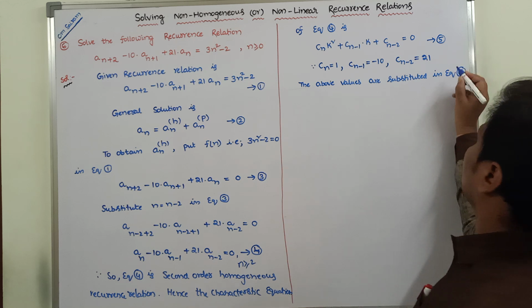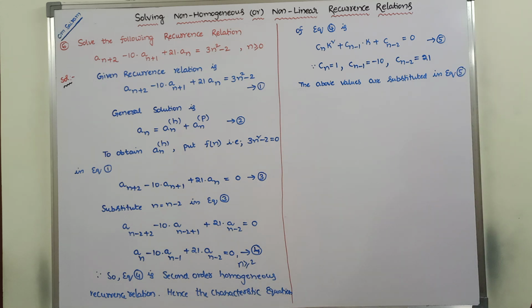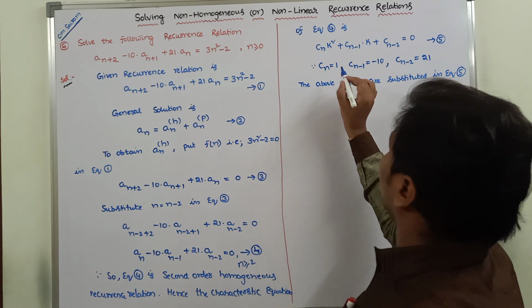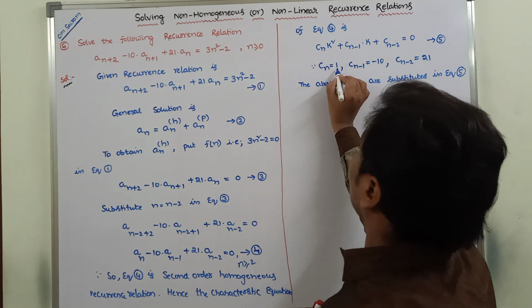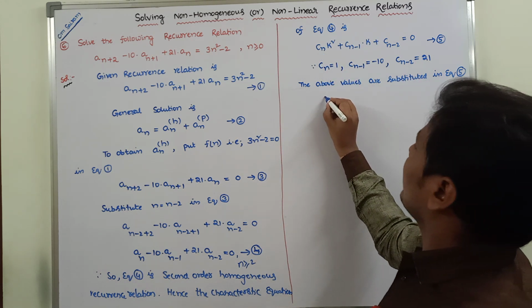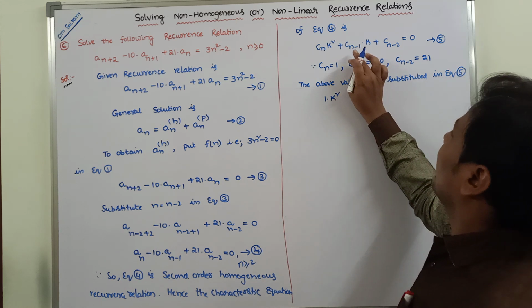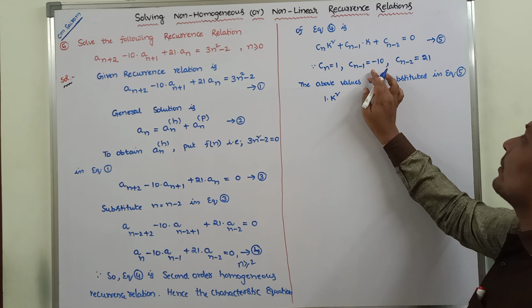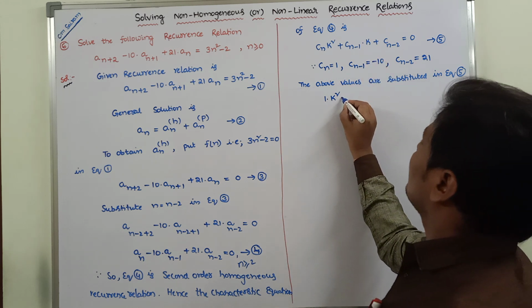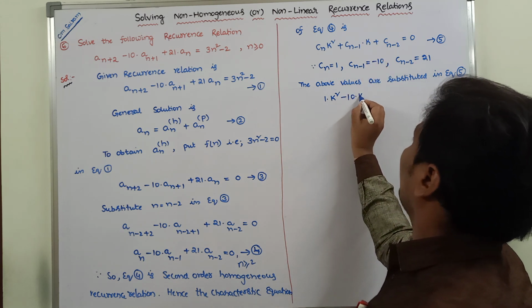The above values are substituted in equation 5. Then what are we getting? In the place of C suffix n we substitute 1, so that is 1 into k square. Next, in the place of C suffix n minus 1 we substitute minus 10, so minus 10 into k.